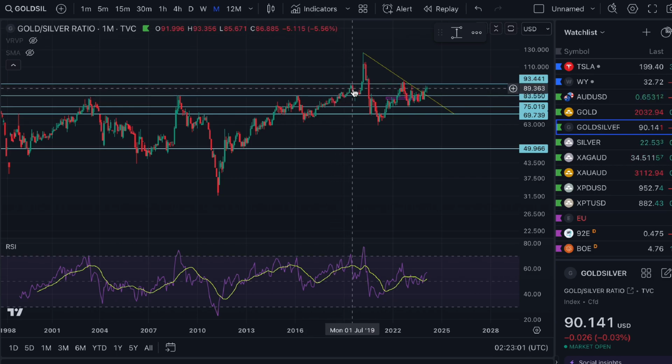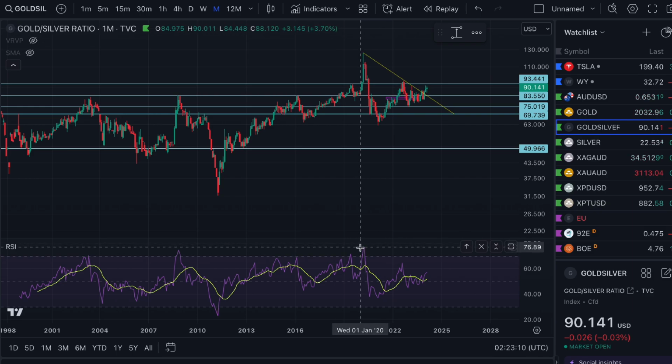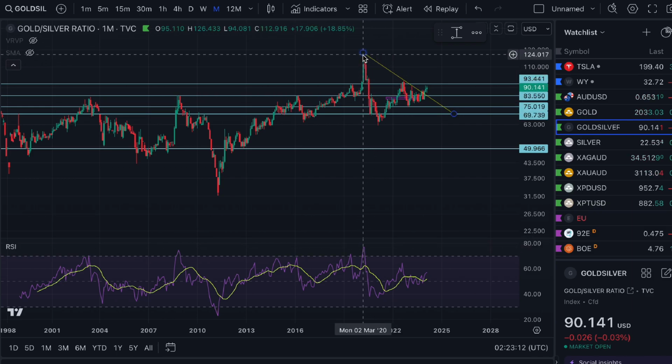And then the thing in March of 2020 occurred, and you saw this spike in gold, a big spike to the extremely overvalued territory. You saw it move up to 1 to 125. That means that for every 1 ounce of gold you own, you could get 125 ounces of silver.